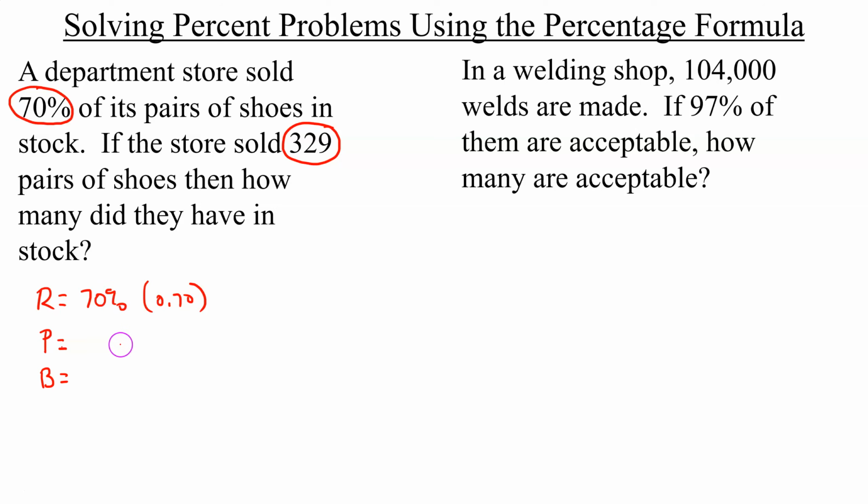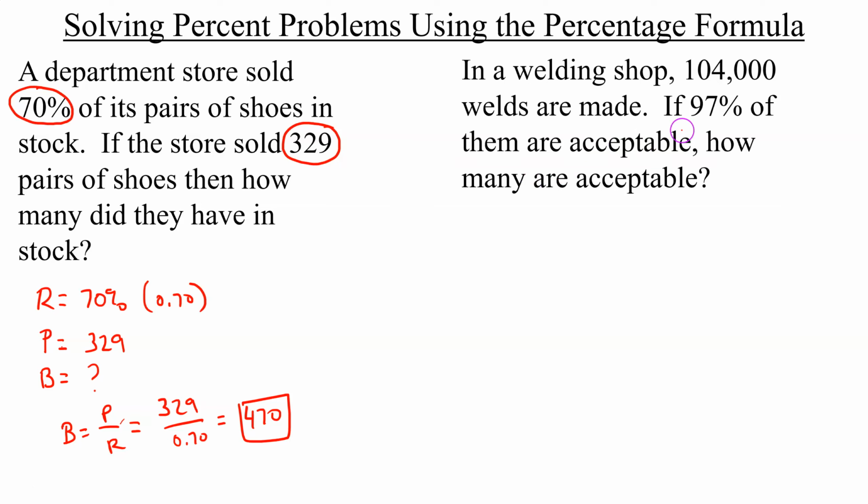Our portion, that's the part, that's the amount they sold, which was 329. And then we don't know how many shoes they had in stock, so that's our base. We are solving for base, so our formula would be base is portion over rate. The portion is 329. The rate is 70%, but we want to use decimal form when we're doing the calculations, so 0.7. 329 divided by 0.7 gives us 470. So the store must have had 470 pairs of shoes.